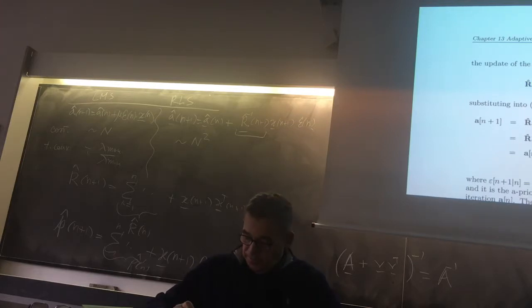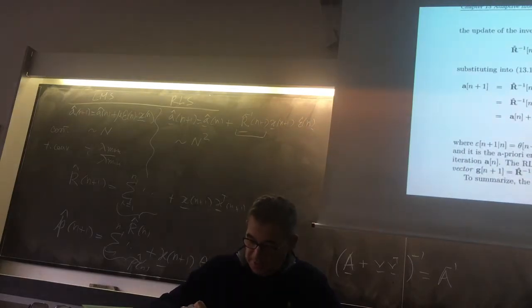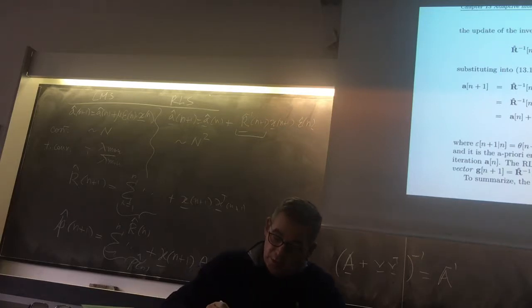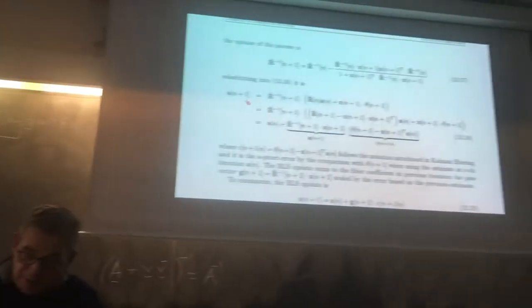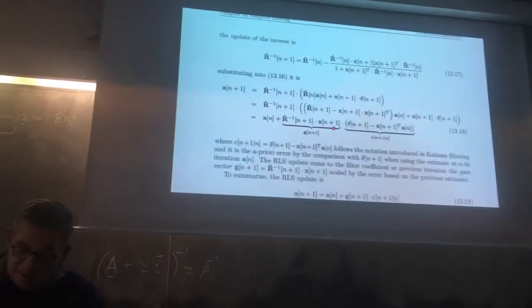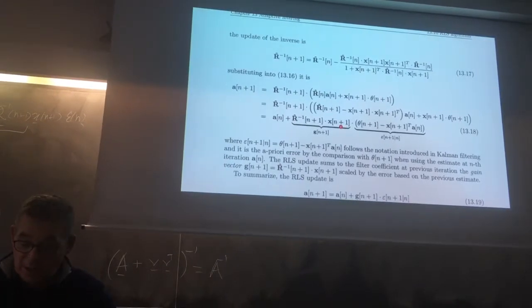Now there is some aspect related to which data is used in the computation. The new filter is using the past data and the data at time iteration n plus 1.